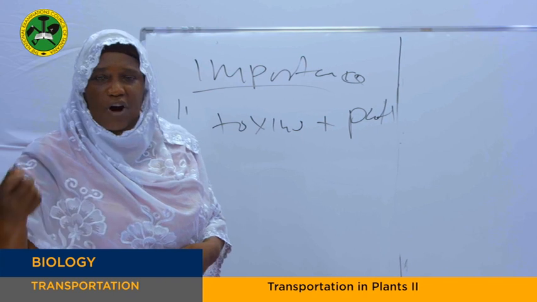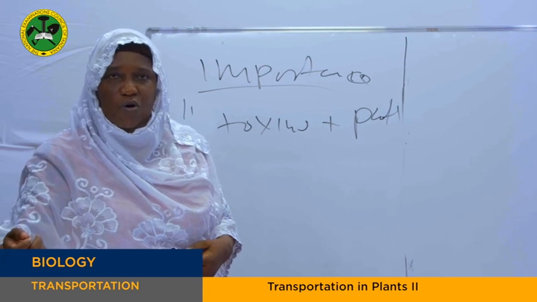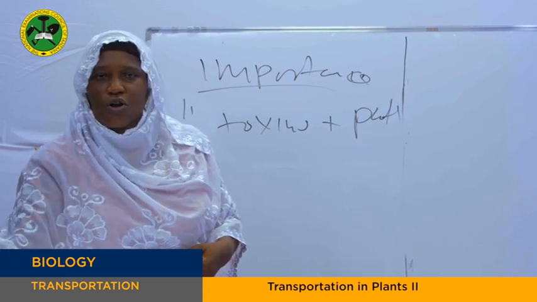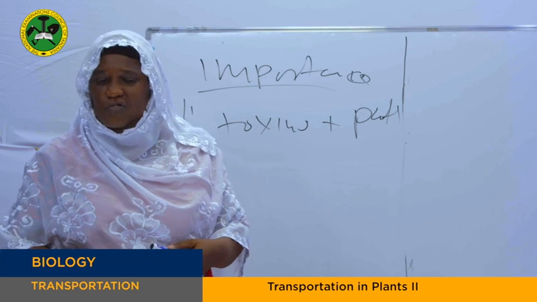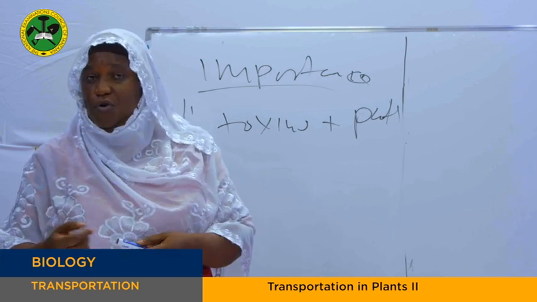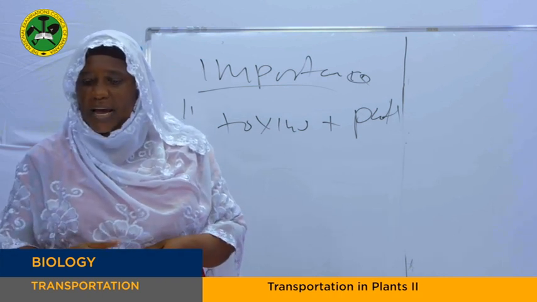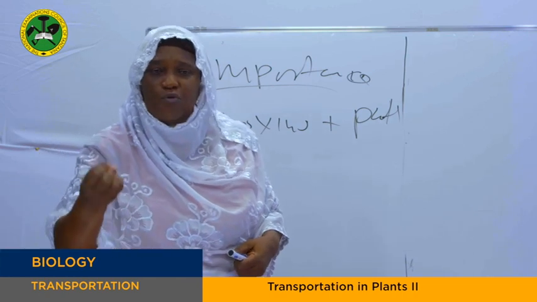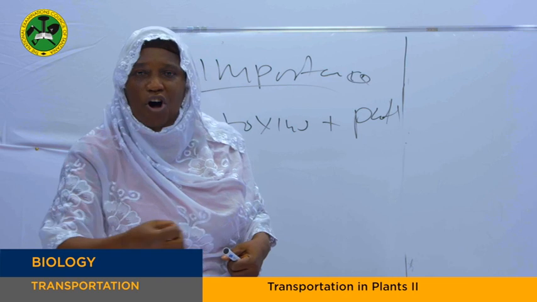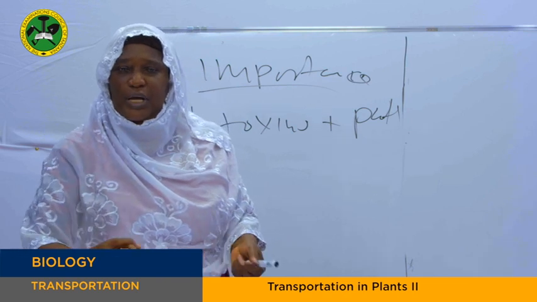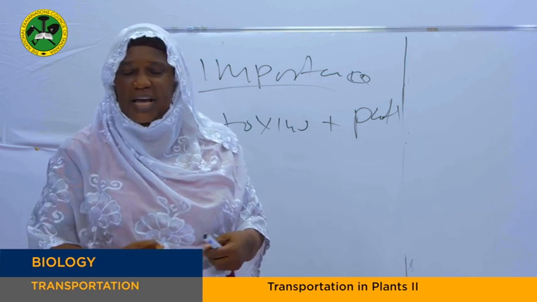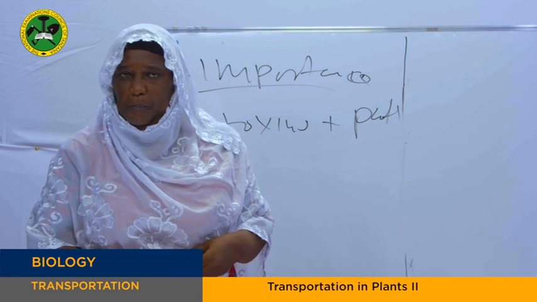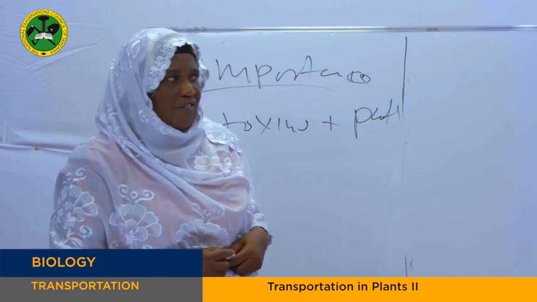Therefore, the contents of the xylem vessel will acquire low water potential due to the presence of mineral salts. And that phenomenon is very important to enable it to draw water from the pericycle and other cells. I think you have understood there.